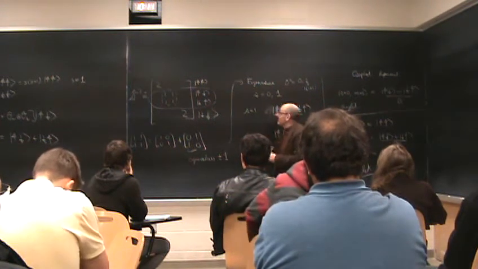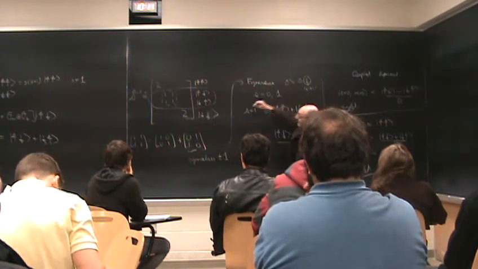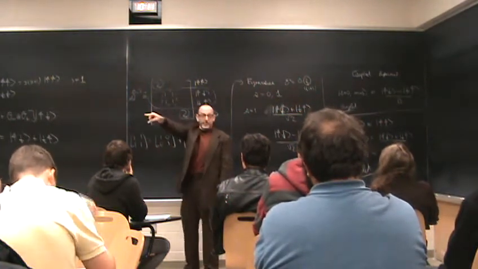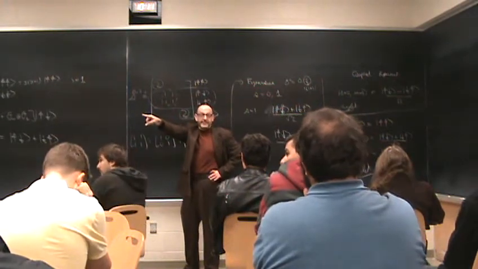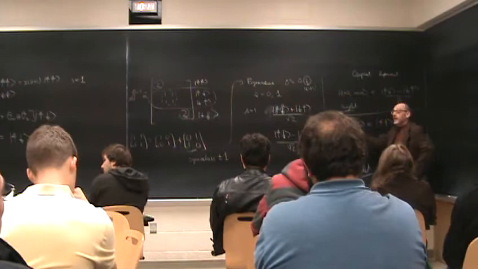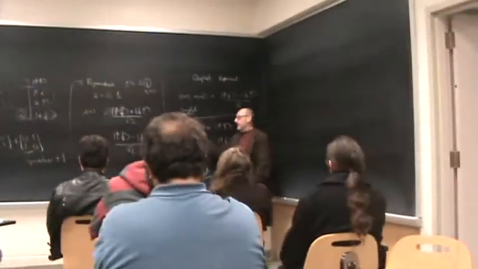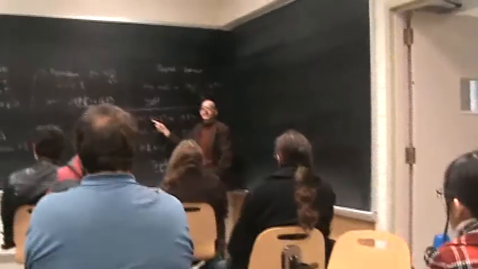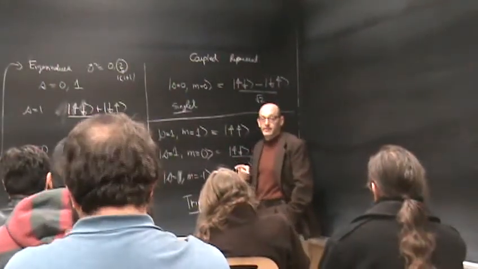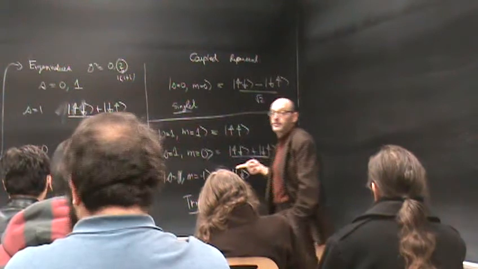But to uniquely specify the state, we need the total M, which is the eigenvalue of Sz. So we need two quantum numbers: the total quantum number S and the total projection on, say, one axis, which is M. Those two together uniquely specify the state, but any one of those does not.